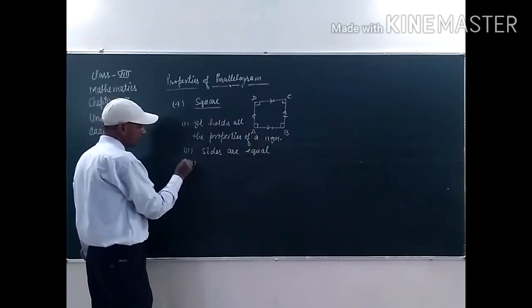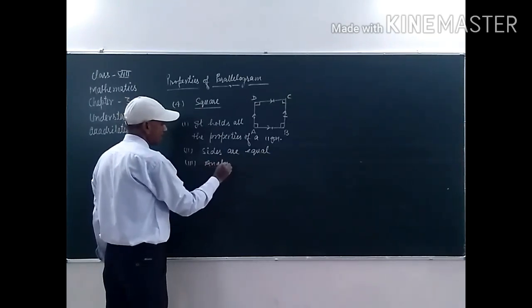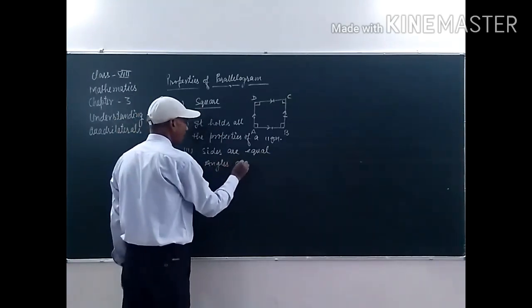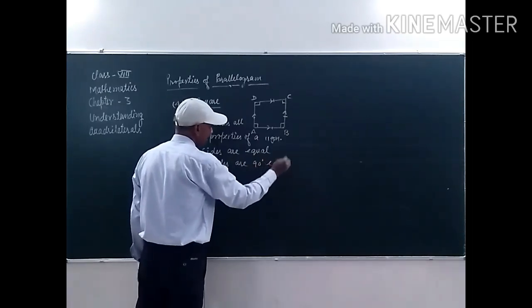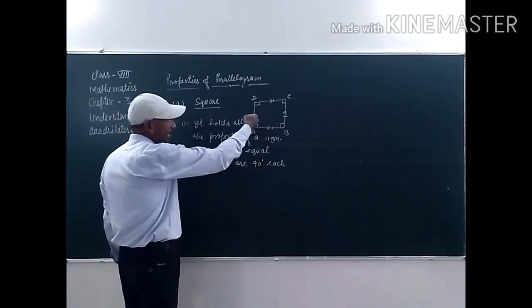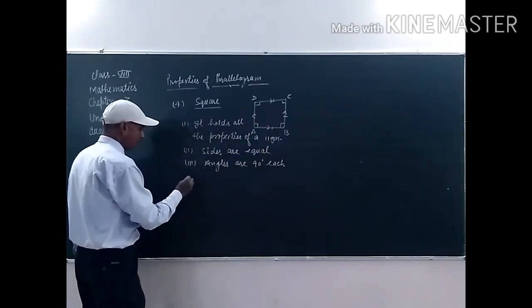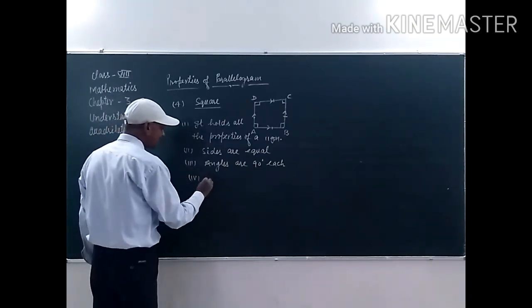Third one, angles are 90 degree each. Each angle is at 90 degree. Our angles are right angles. And fourth one, diagonals are equal.